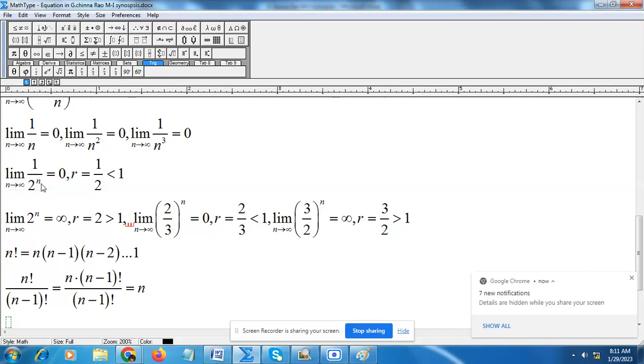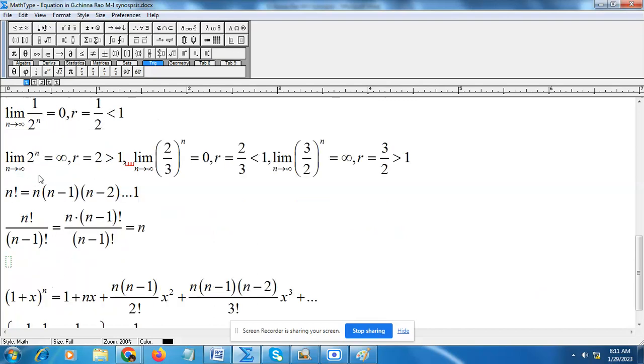Here 1 by 2 power n means 1 by 2 whole power n. So r is equal to 1 by 2, which is less than 1. It tends to 0. But limit 2 power n as n tends to infinity is infinity, because r is 2, which is greater than 1. Then we say that it is infinity.